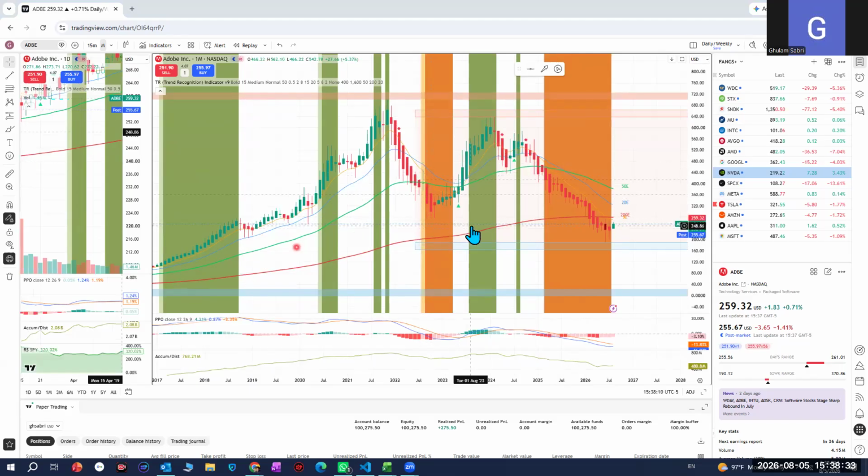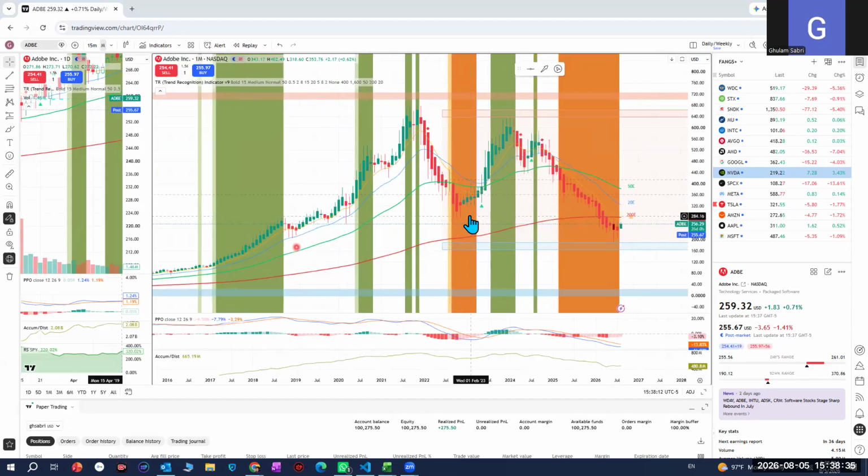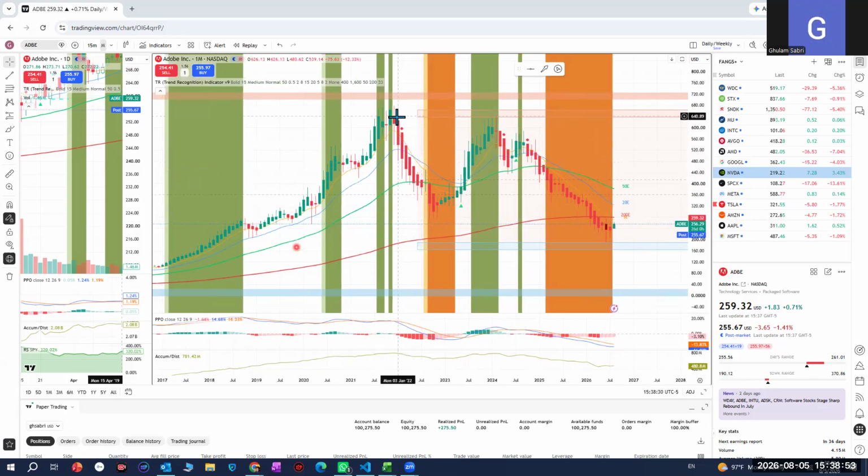Now compare this. You have just seen the charts for NVIDIA and Apple. There's a lot of difference. It has already lost more than two-thirds of its value, from 680 to almost two-thirds lost. Now, we do not want to keep stocks when this kind of trend starts. So the TR indicator helps you. This is the TR indicator, and this is the first stage of the TR indicator.